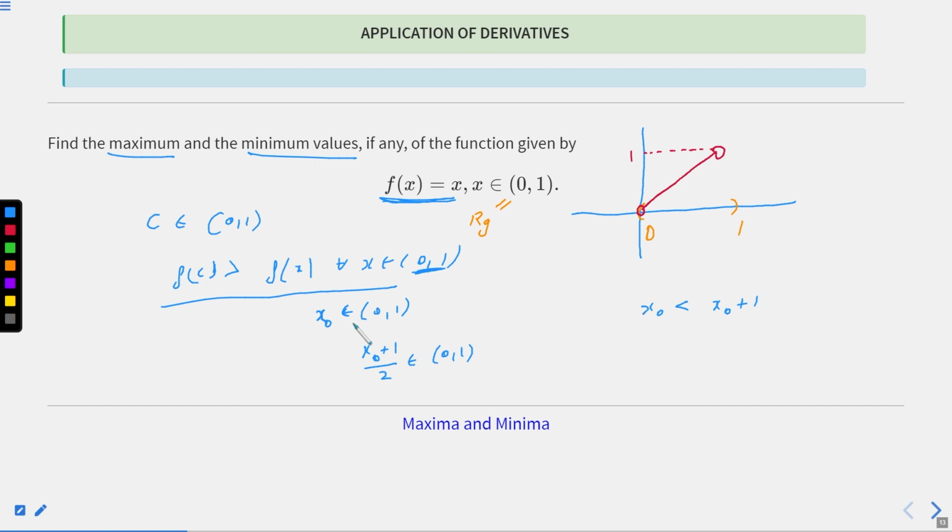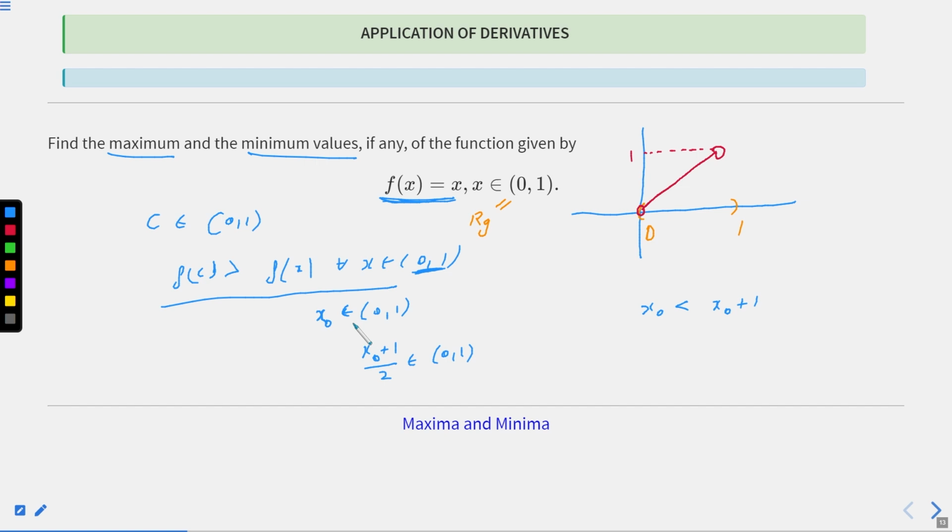Whenever you have any number x naught, this x naught will be less than x naught + 1. So far so good.